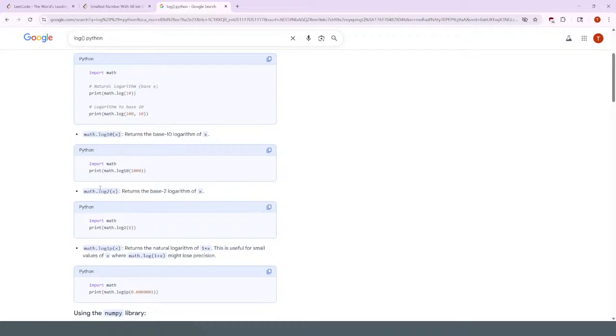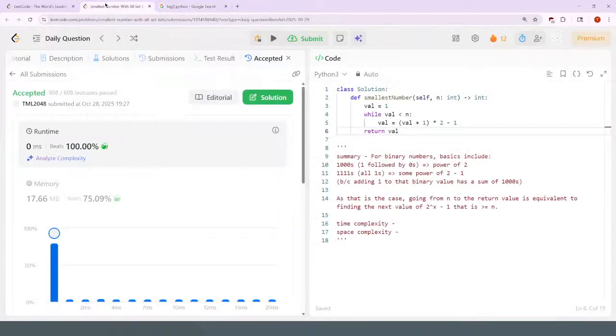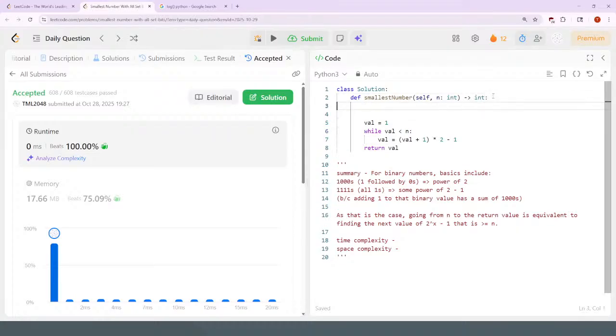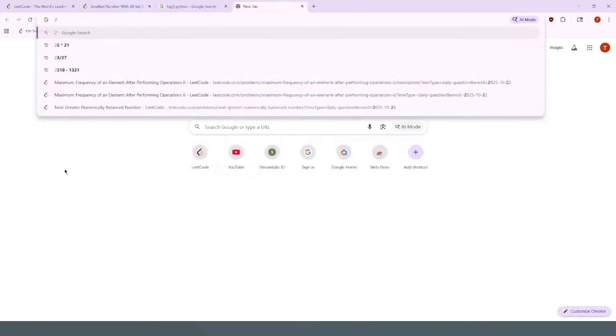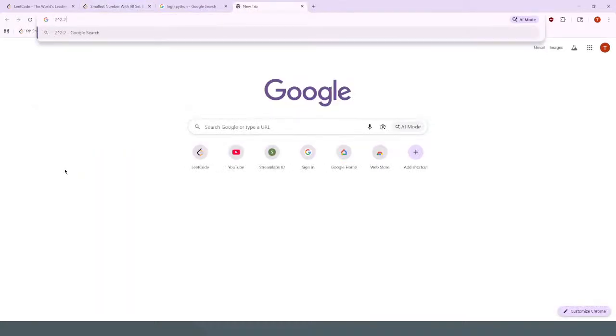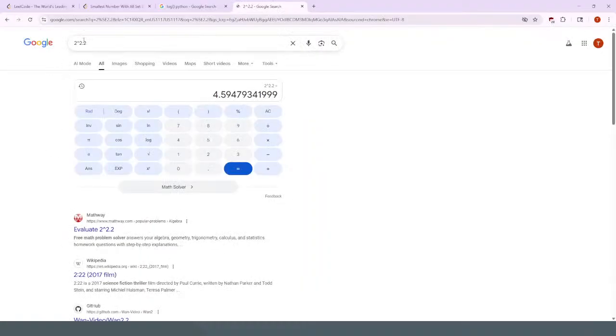I'm guessing I probably want to try log2. How would I do this in log2? Thinking of the example, log base 2 of 5 is going to be 2 and change, maybe 2.3, and 2 to the power of that is roughly 5.